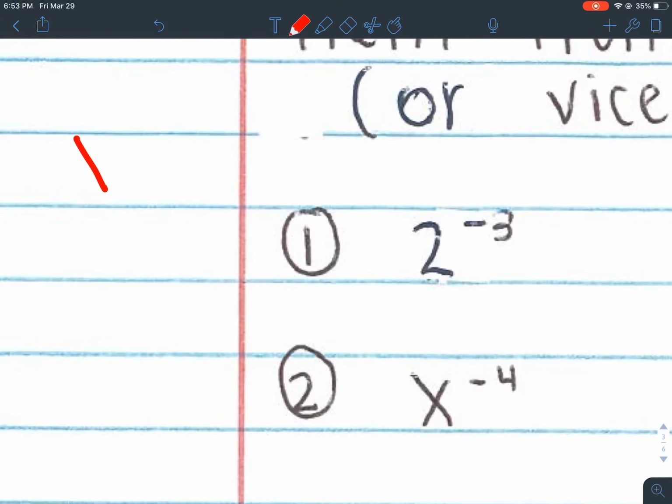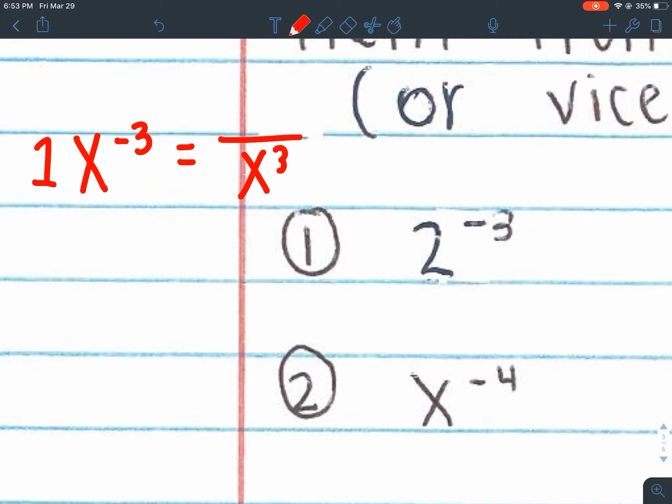So again, if I have x to the negative 3, that's the same thing as 1 over x to the 3. I keep messing up. I am so sorry. I hope I'm not confusing you by doing that. But you're going to flip it to the bottom, but you're like, well, what's in the top?